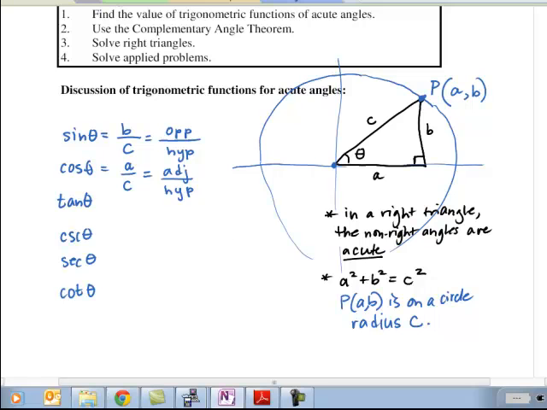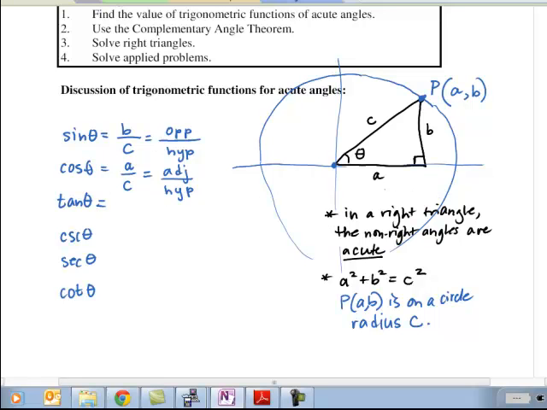So if you've learned trig functions before, this is probably what you learned, that sine is opposite over hypotenuse, cosine is adjacent over hypotenuse. So what we're doing here is making a connection between what you might have learned maybe in high school about trigonometry to what we were just learning in chapter 6 about how to use the unit circle to define the trig functions.